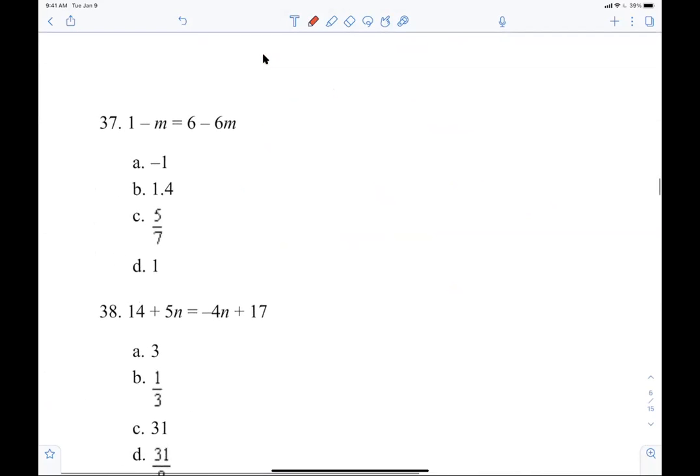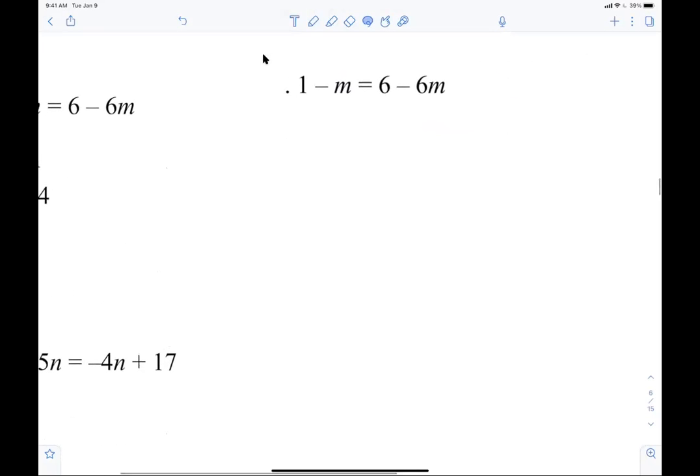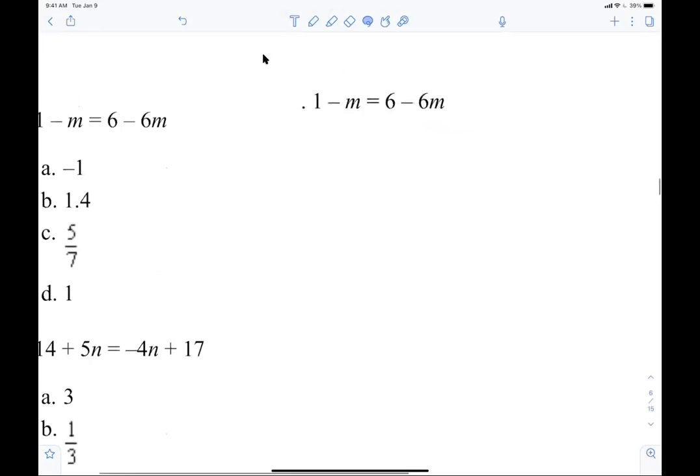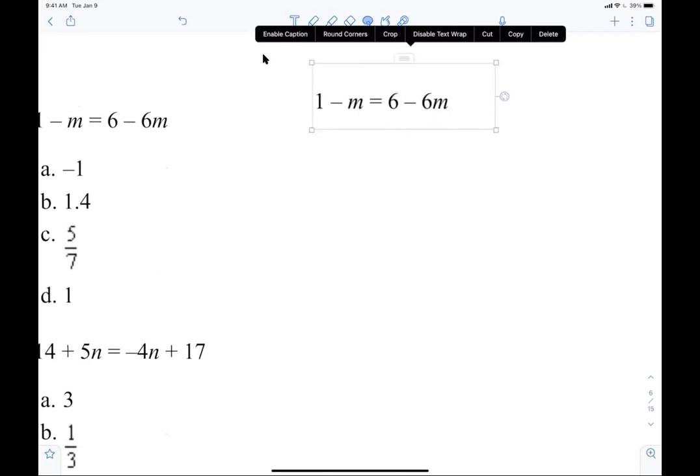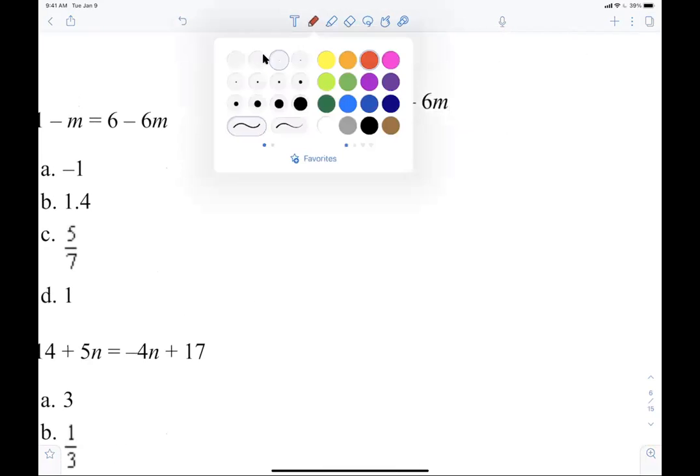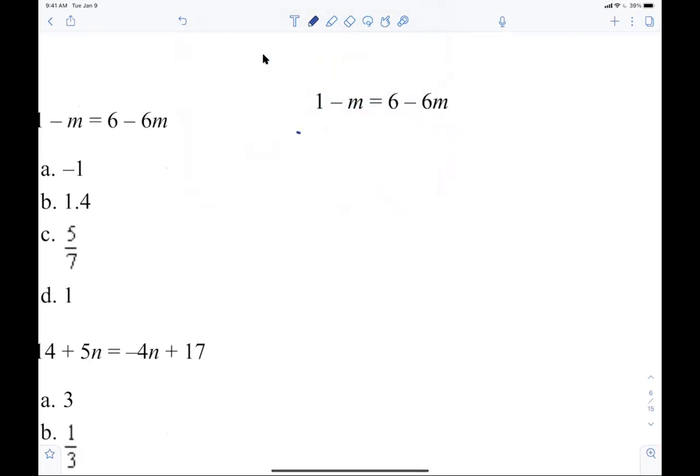Several more with variables on the same side. So come on. Minus 1. Hold on, I want to do something here. All right, yes, better now. What am I doing? Minus 1, minus 1. What else?